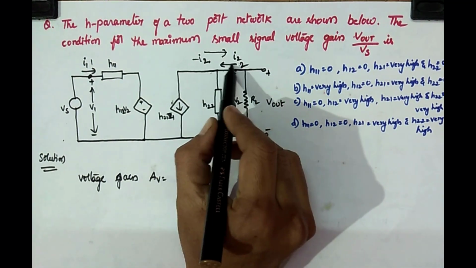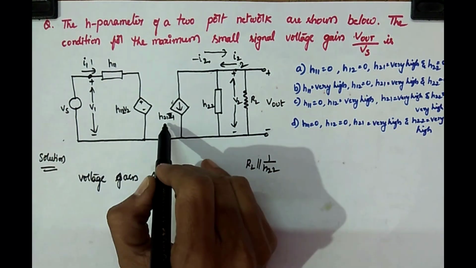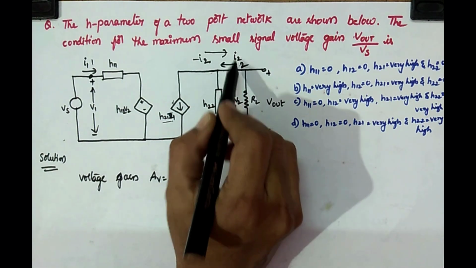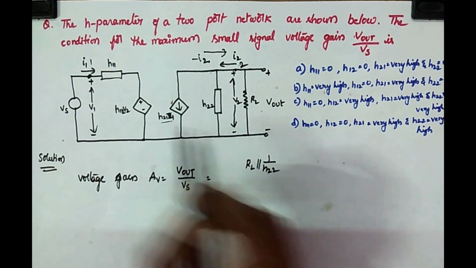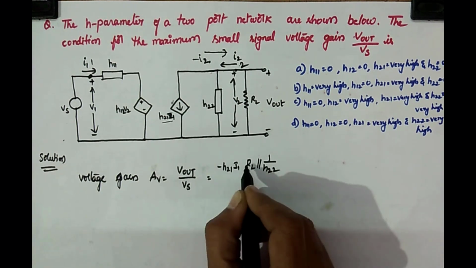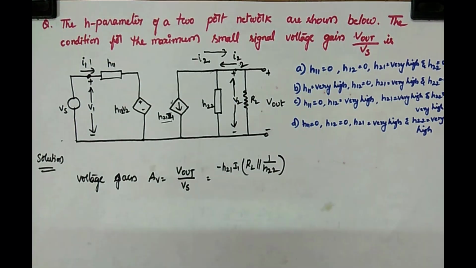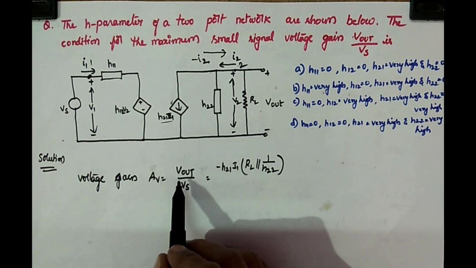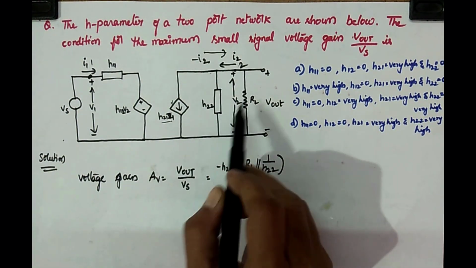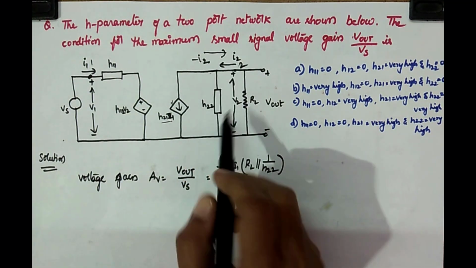If I2 is H21 I1, then the current flowing in this direction is minus H21 I1. So this becomes your output voltage: simply the resistance at the output side multiplied by the current flowing through that resistance.